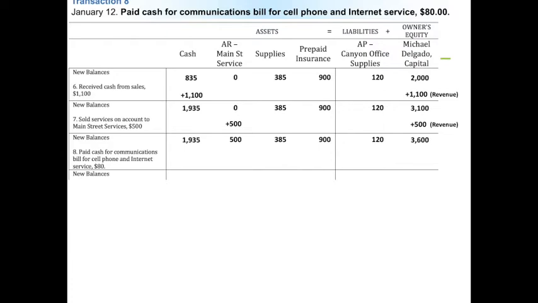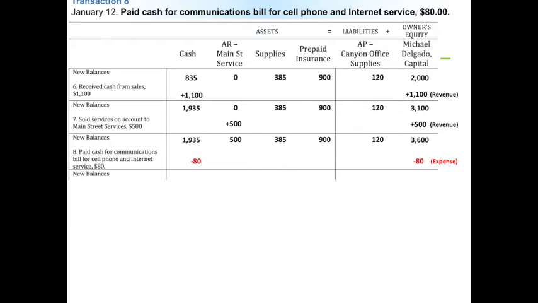And again, you need the cell phone and the internet to run your business, so therefore it is an expense. Paying cash, your cash is going down by $80. Your capital is going to also go down by $80 because this is an expense.